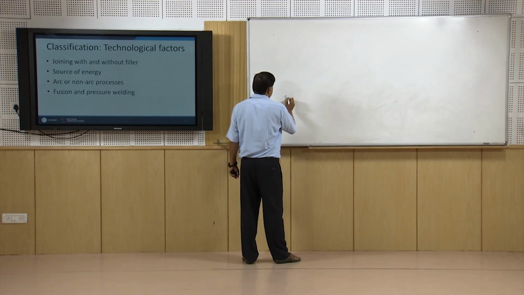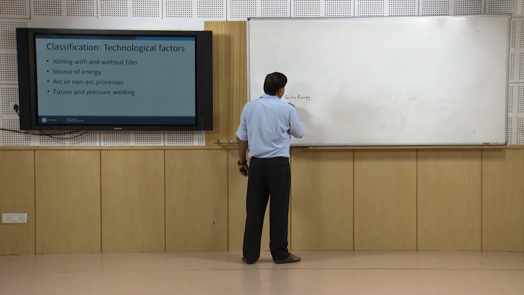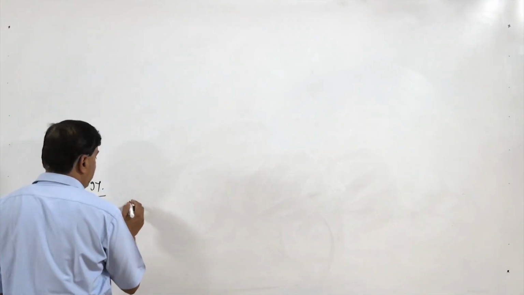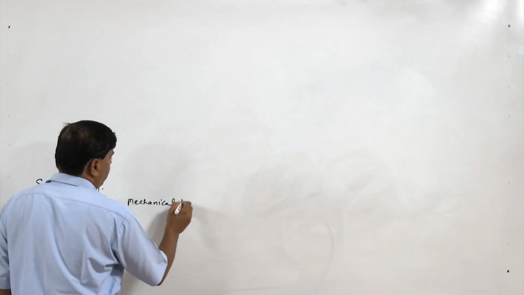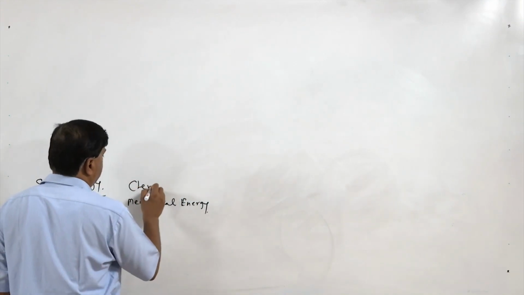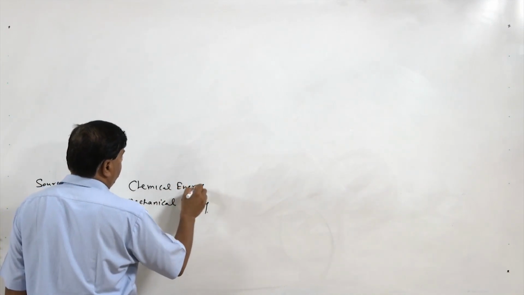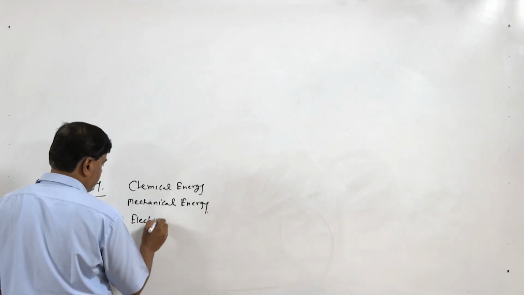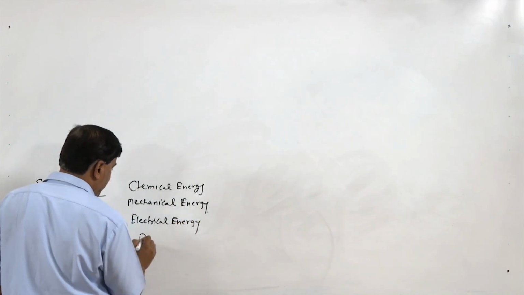Then the source of energy is another criterion based on which the welding processes can be classified. The source of energy is in the form of, say, mechanical energy, chemical energy, electrical energy, and radiation energy.